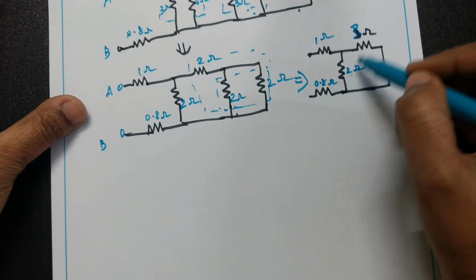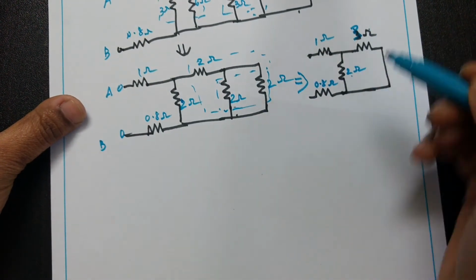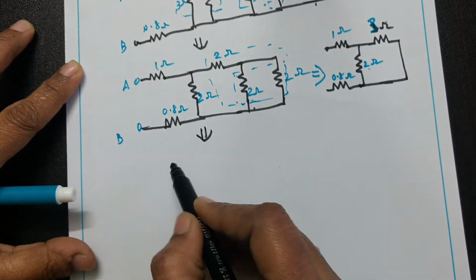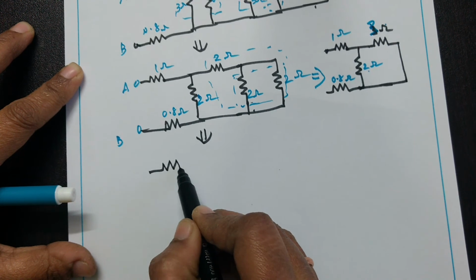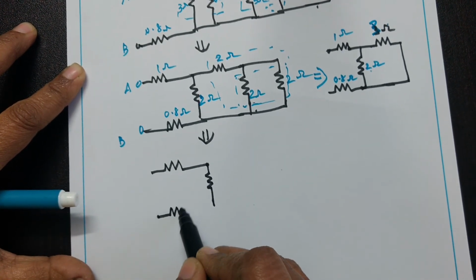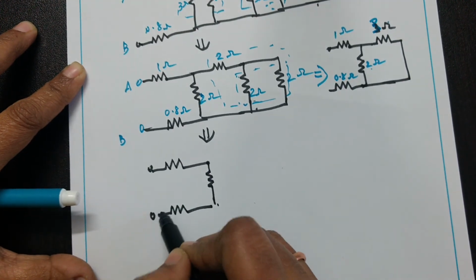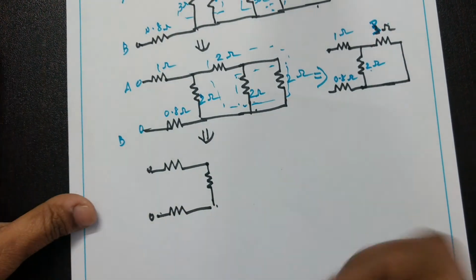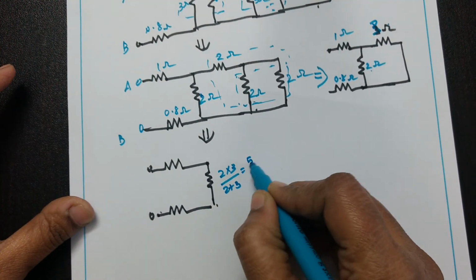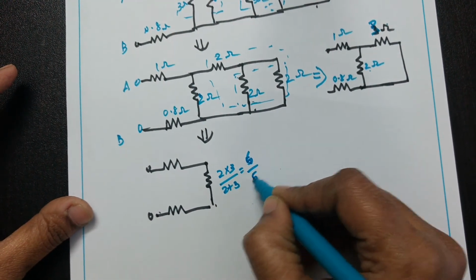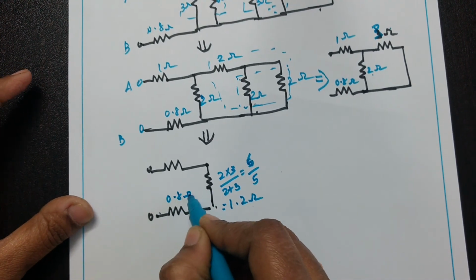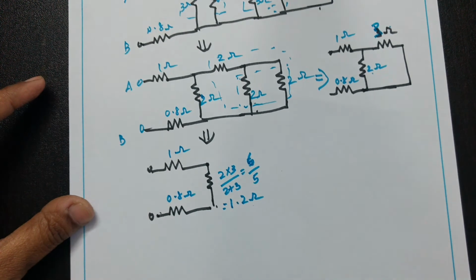Again this 2 ohms and 3 ohms are in parallel, so that will become 2 into 3 by 2 plus 3, which is 6 by 5, that is equal to 1.2 ohms. So here 0.8 ohms and here 1 ohms.